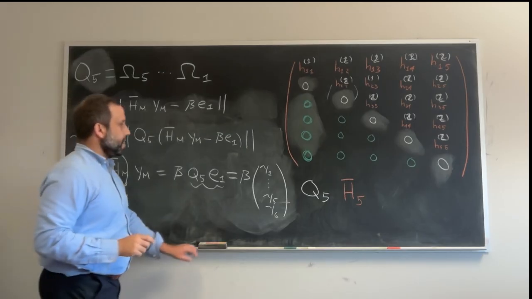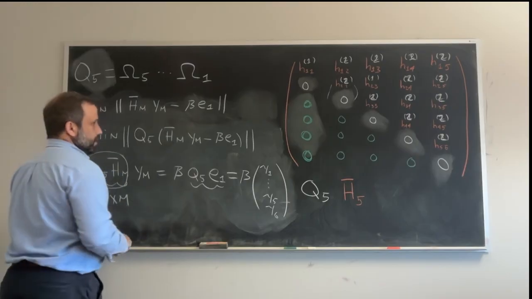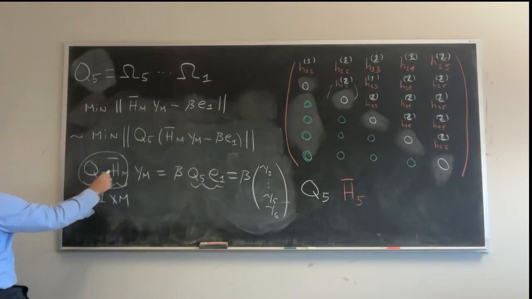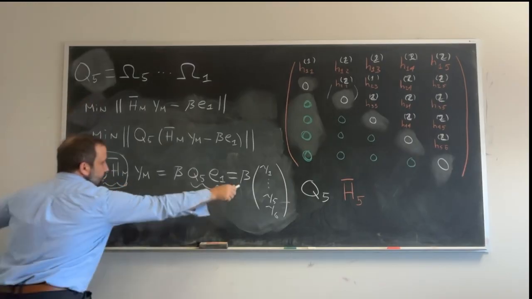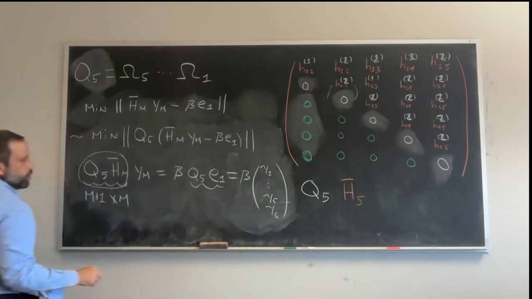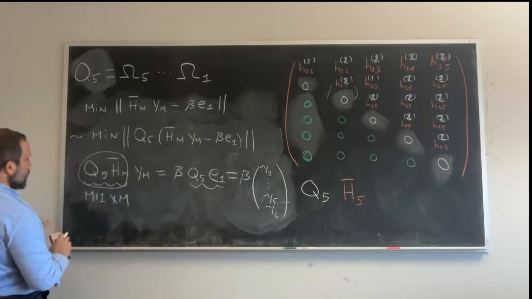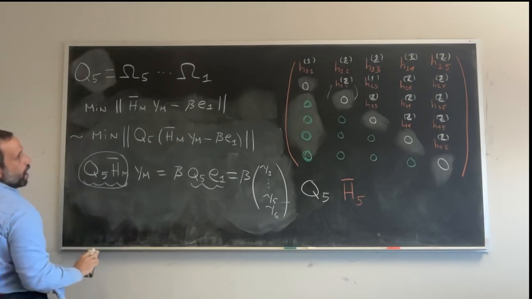And the system that I'm actually going to solve is going to be this system, Q5 HM bar ym is equal to this. But from this matrix here, I'm going to remove the last row, okay? And from this vector here, I'm going to remove the last entry, gamma 6.